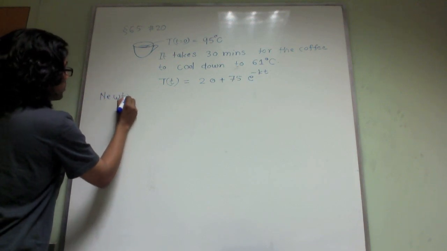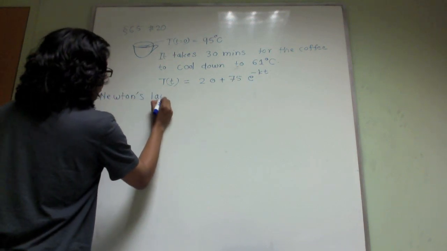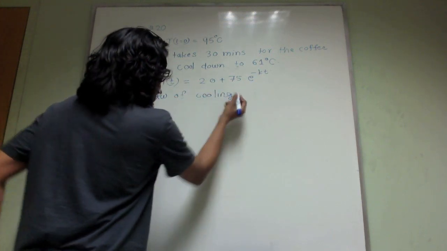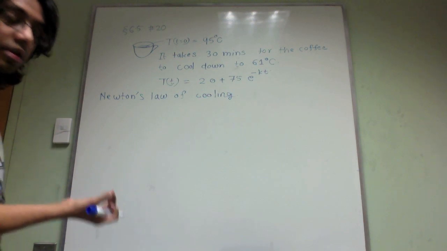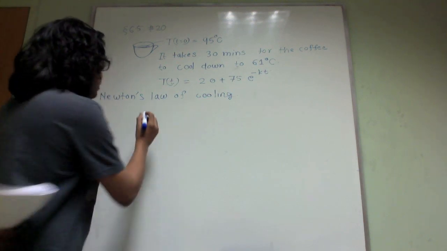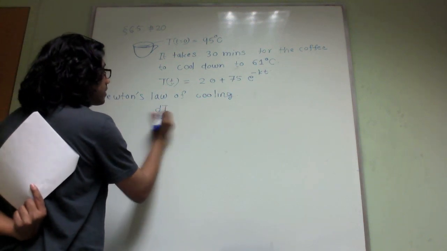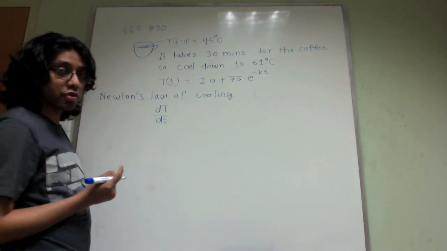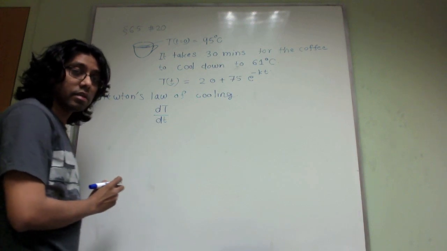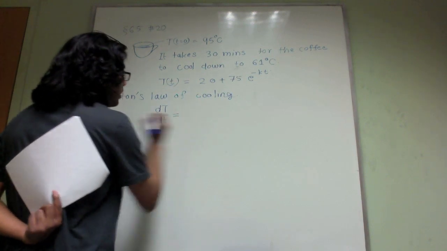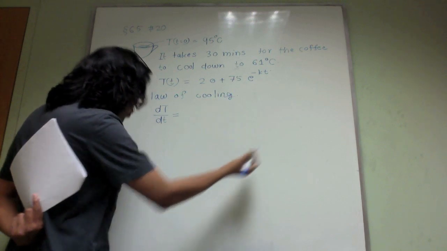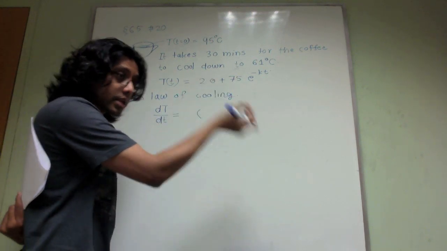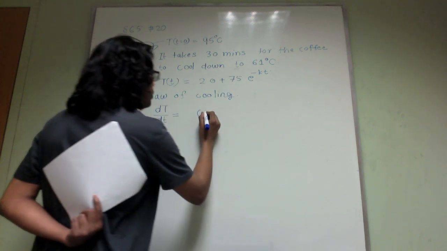Newton's law of cooling essentially says that the rate at which the temperature cools down, that means the derivative of the temperature with respect to time, where capital T is the temperature of the coffee and little t is the time, is proportional to the temperature difference between the coffee at this time and the steady state temperature.